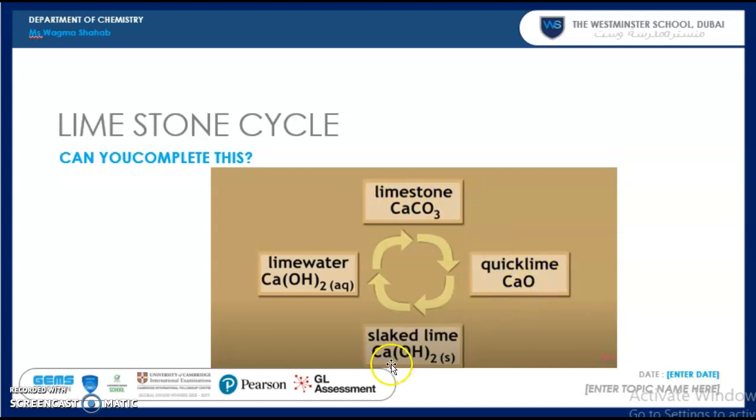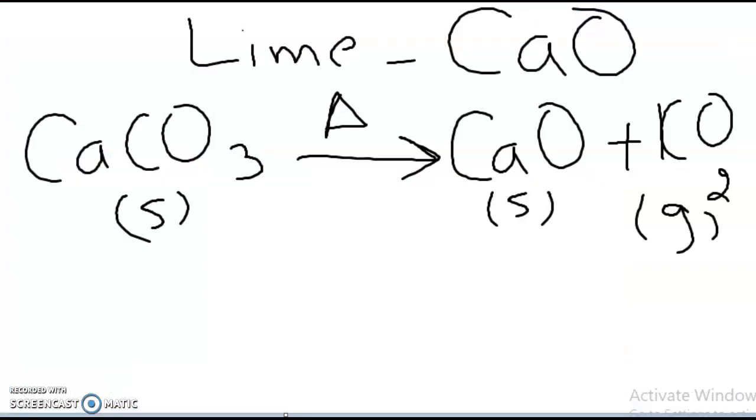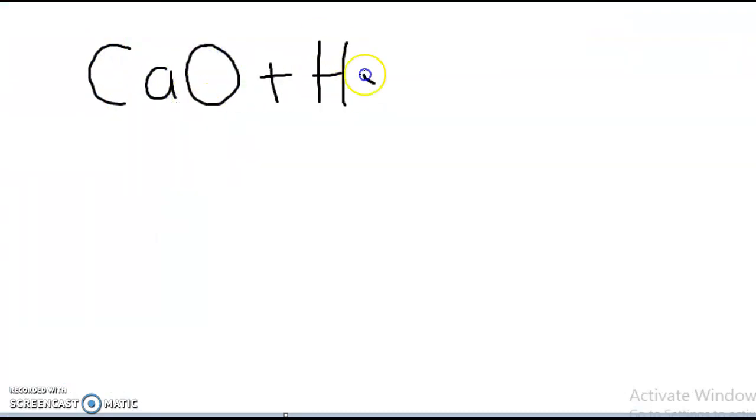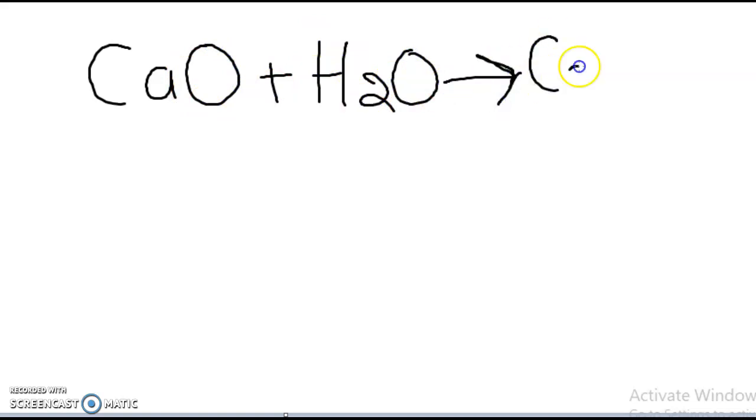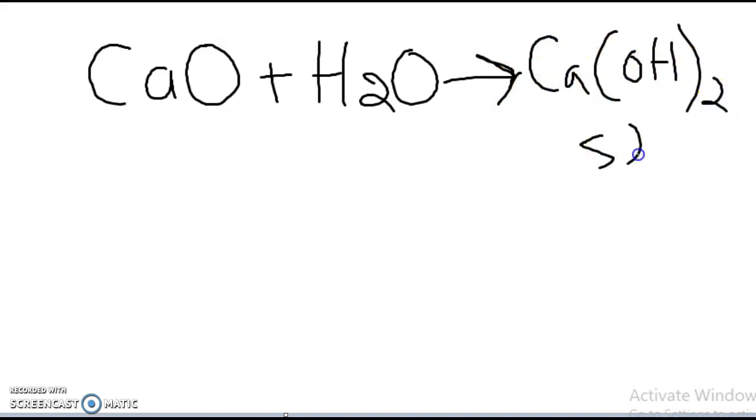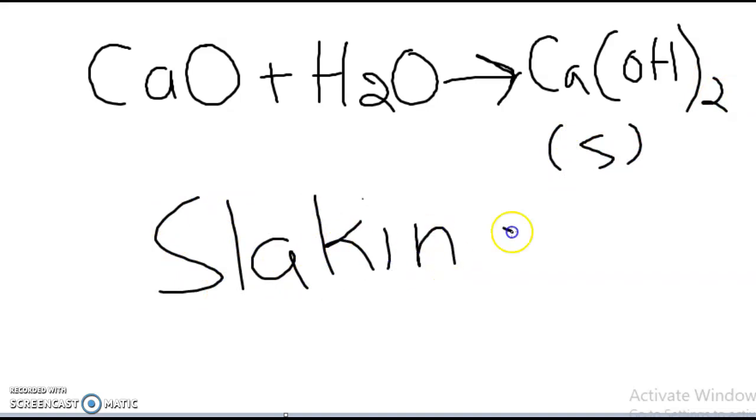How can you get slaked lime? Now, remember, when we add calcium oxide, that is lime, into water, you will get slaked lime, that is calcium hydroxide in the solid state. And this process is called slaking.